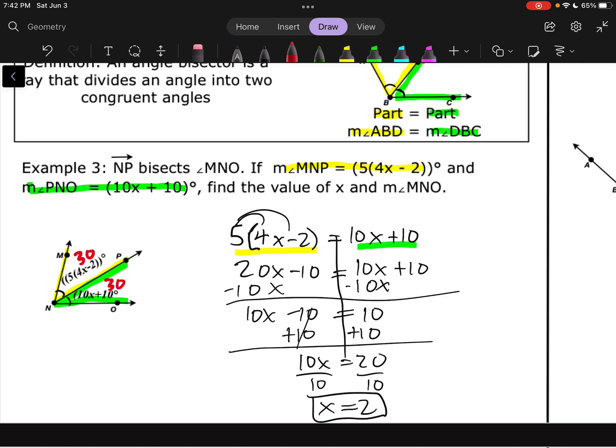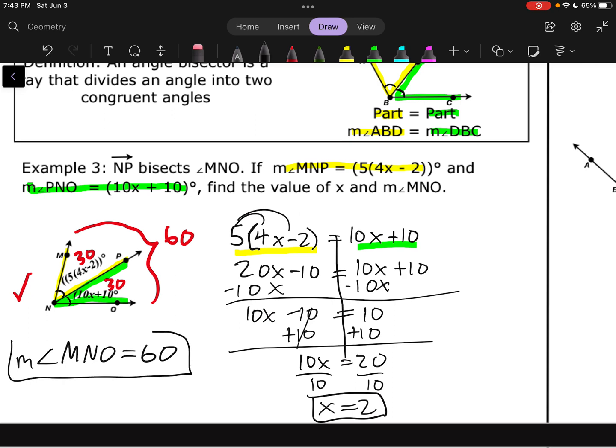So 30 and 30, I'm going to give myself a check mark because that's what we expected, right? It got bisected. And then MNO is the whole thing, the big angle. 30 and 30 make 60. So I'll say that the measure of angle MNO is 60.